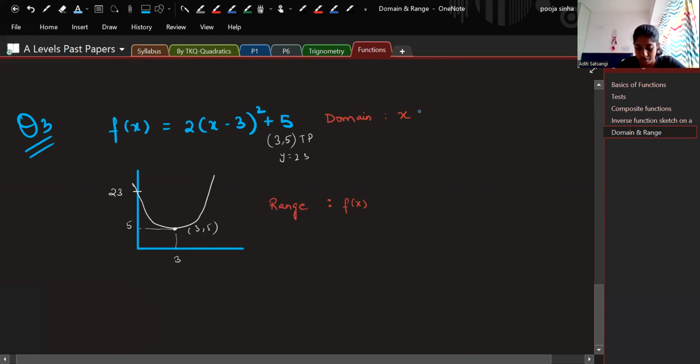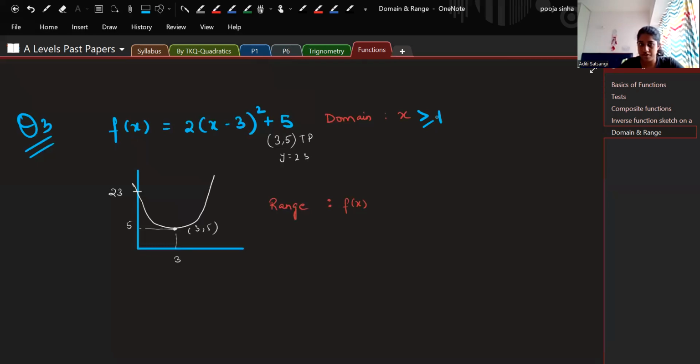The only thing that I'm changing is x is greater than or equal to 1. Okay? Yeah. Greater than or equal to 1.